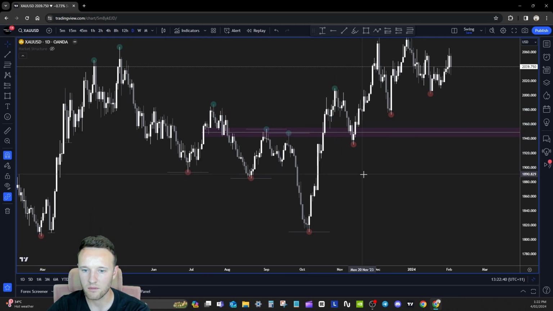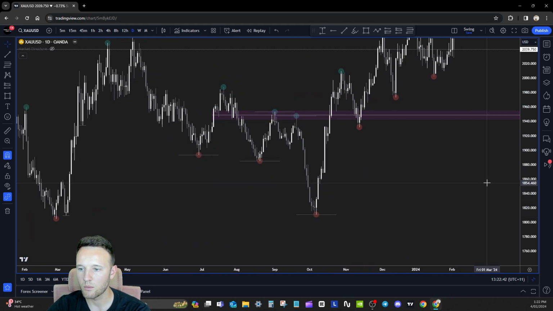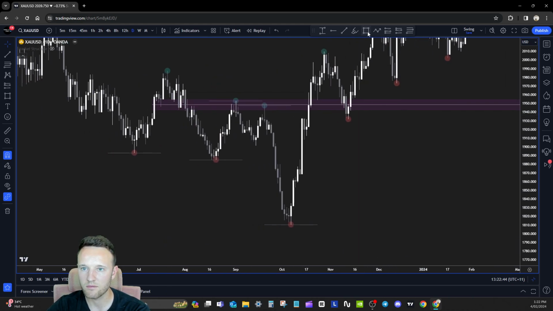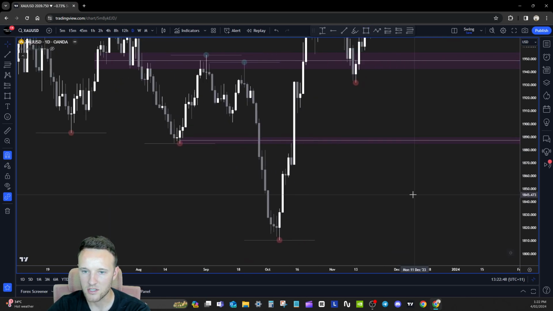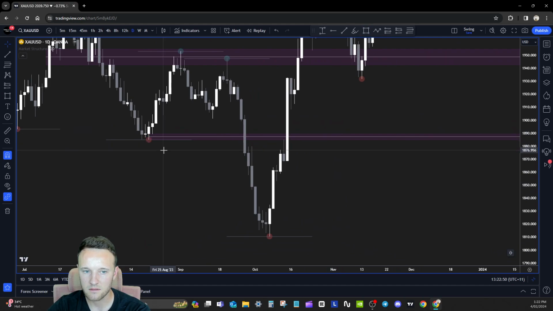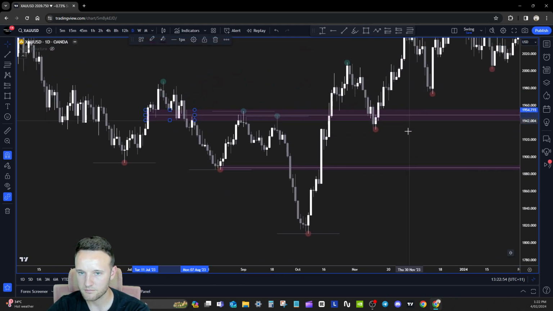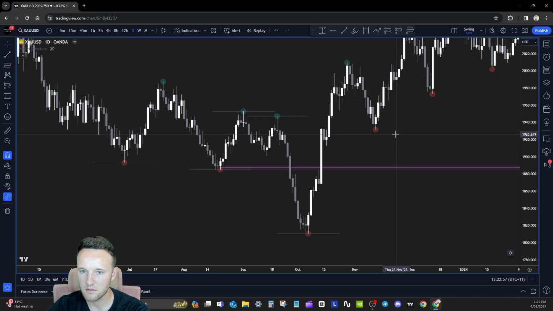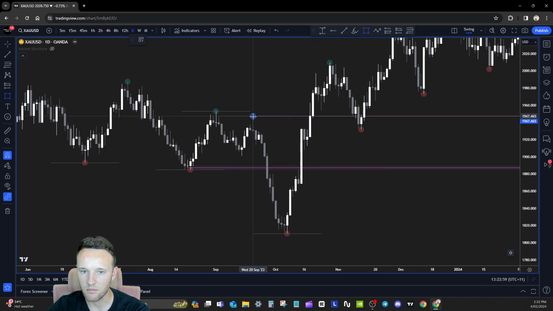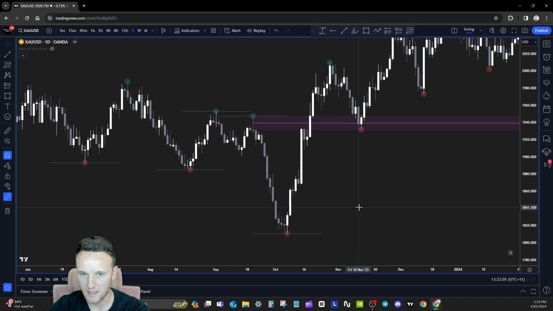And then what do we have, right? Price comes down, creates that lower low. We are looking for retracements. We're looking for a retest of this level. And as you can see, price comes in, shoots straight past this level, starts pushing up. And what happens? Price breaks this lower high structure now.